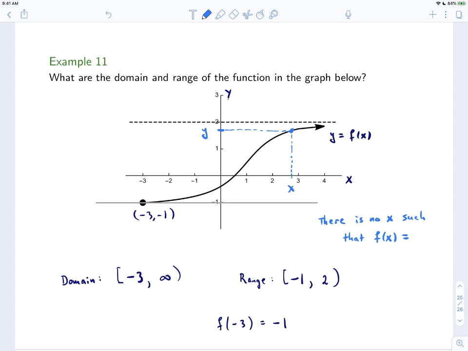So that's why we exclude it from our range. So y equals 2 is not in the range. Let me just fix that 2 again. So 2 is not in the range. So that's why we use a parenthesis here to indicate that it's not in the range.